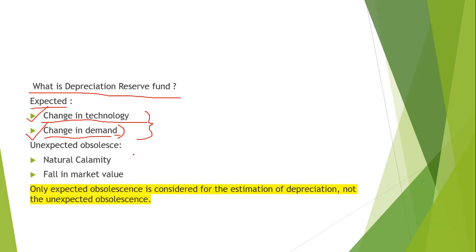Expected obsolescence is actually what I should have written here, I'm sorry. All of these are actually obsolescence. Now unexpected, you can never know about a natural calamity.